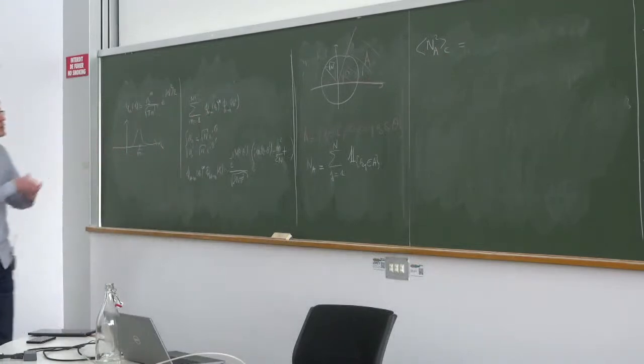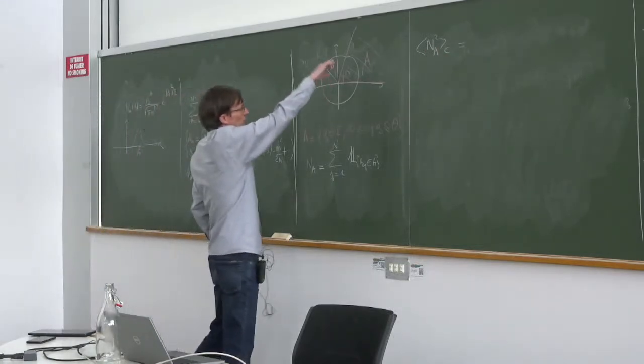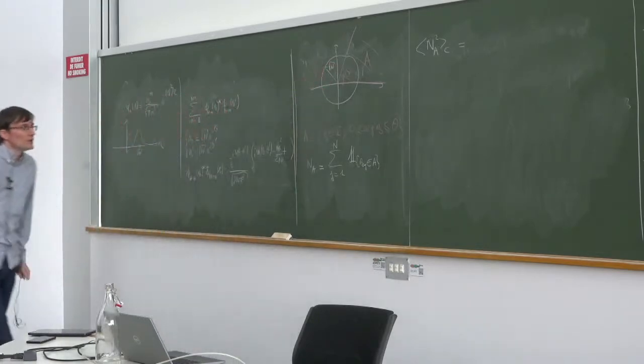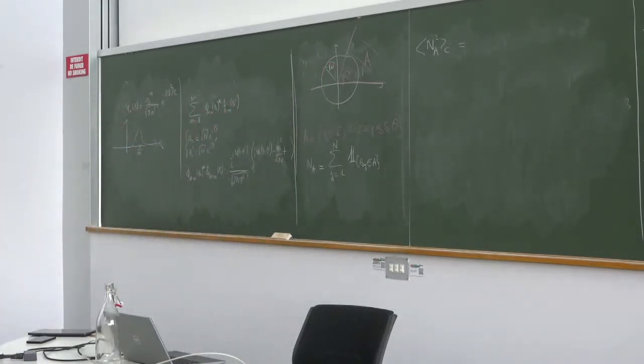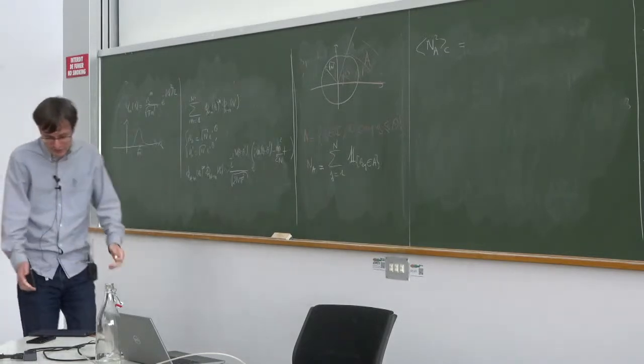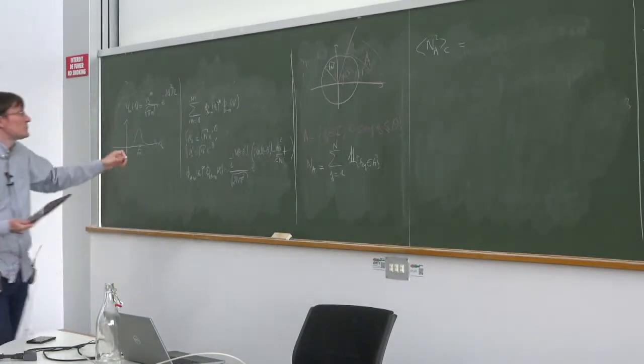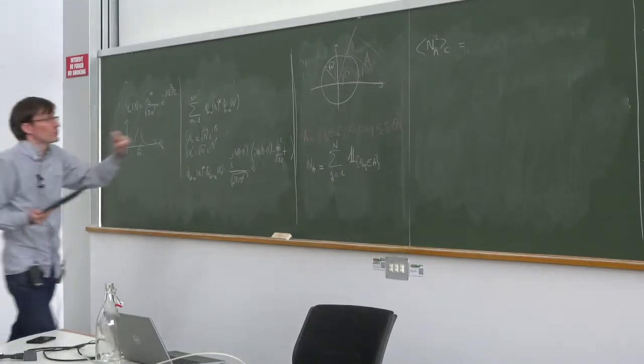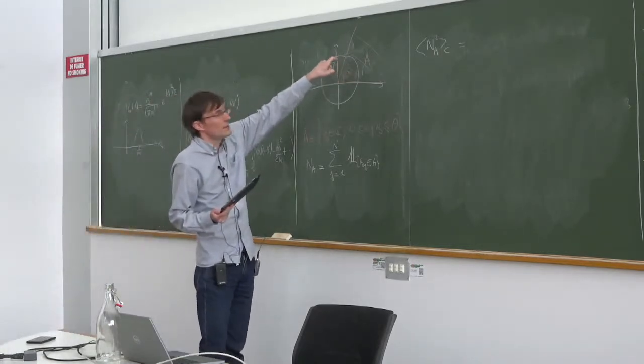And if you were to do this in the bulk, it's reasonably well understood what we are supposed to get. But here we expect also a contribution to particle fluctuations coming from the edge correlations.